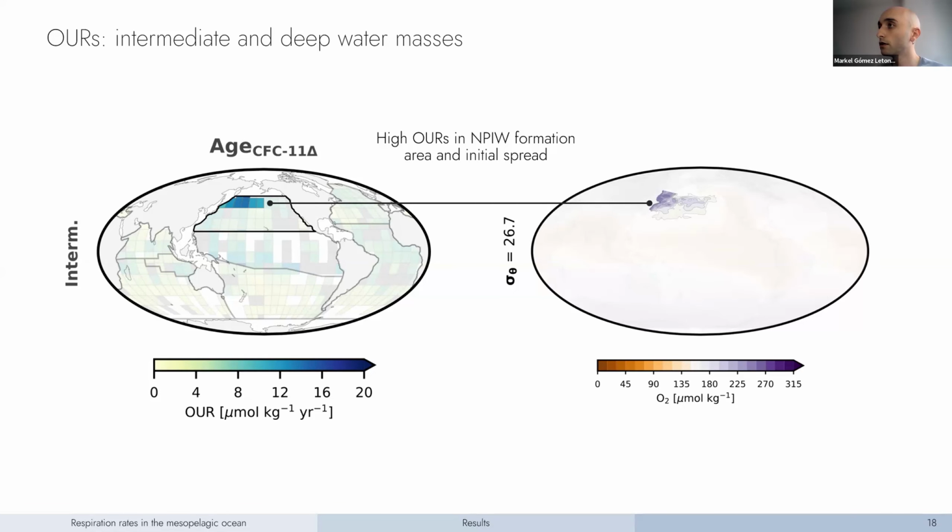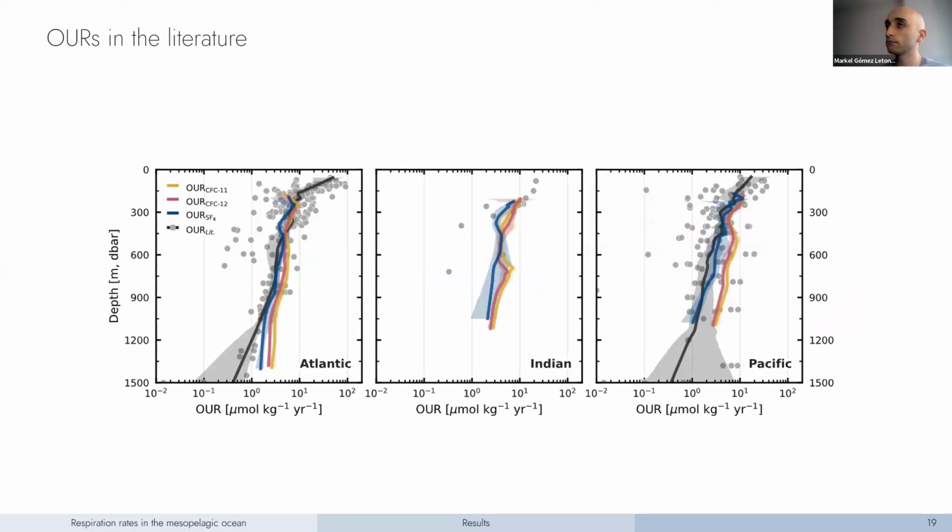And then, going toward the end of my presentation, I just wanted to compare our results with previously reported values. So in this plot, I summarize our rates for the Atlantic, Indian, and Pacific Oceans, which are shown as average smooth profiles with the colored ones.